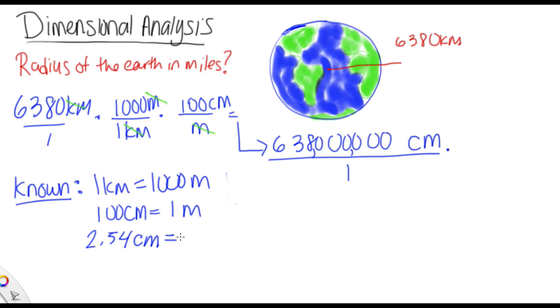If that's not something that you just know, you'd have to check how to convert from centimeters. And remember, we want to get to miles. So while we're here, let's think of how many inches are in a foot. 12 inches is 1 foot. And how many feet are in a mile? 5,280 feet is in 1 mile.